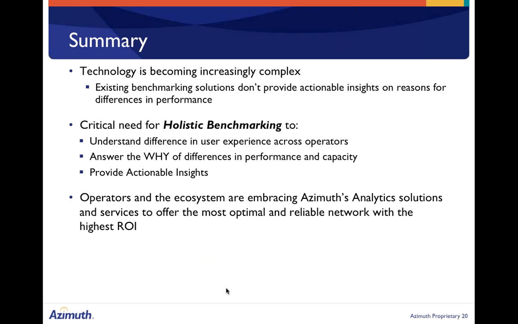That is where there is a critical need in the industry for holistic benchmarking to understand the difference in performance and take corrective action. And that is where we've been engaged with a couple of operators and ecosystems to help them roll out the most optimal network, optimal from a customer standpoint in terms of speed, in terms of actual user experience. Then obviously reliability.